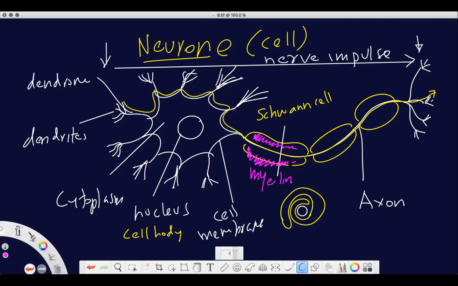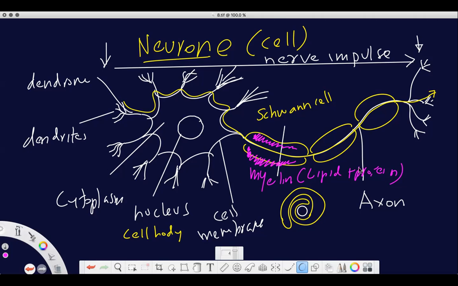Actually, it provides some kind of insulation function. So Schwann cell has myelin. Myelin is a collection of lipid and protein. So it makes an insulation around the axon.